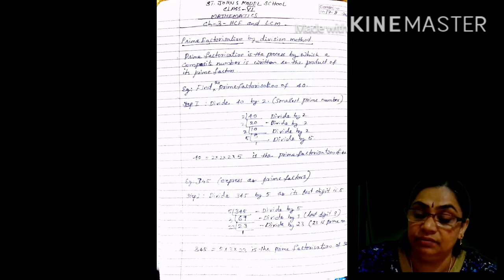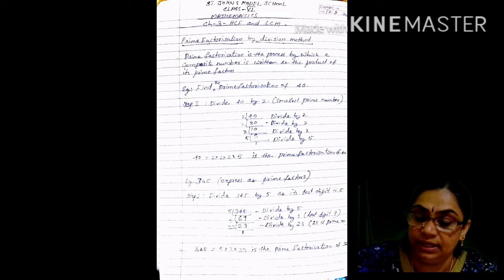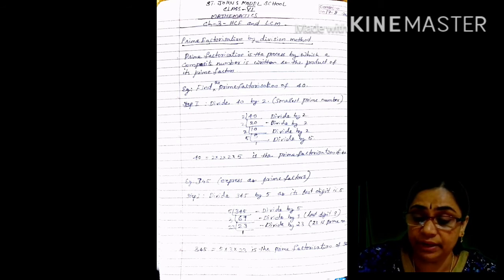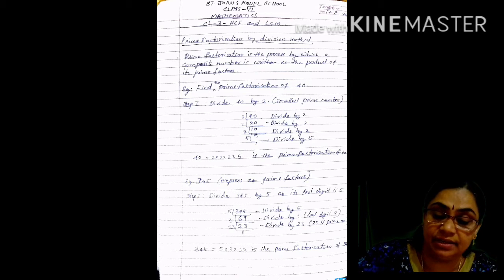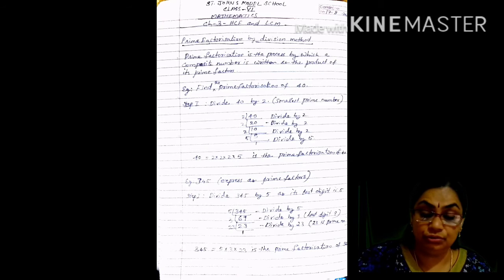5 is not an even number, and also 5 is a prime number, so we can divide it by 5 only, and we get 1. So now you can write 40 as 2 into 2 into 2 into 5.